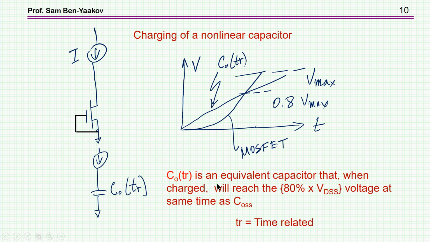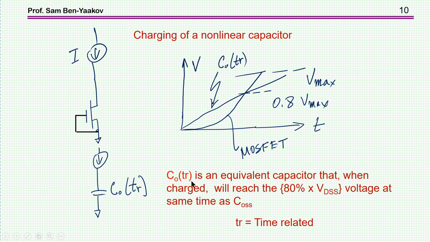Now, there is another issue here related to the rate of rise of the voltage during this transition from on to off, as we have seen before. So here, vendors are defining another equivalent capacitor, C out, time related.